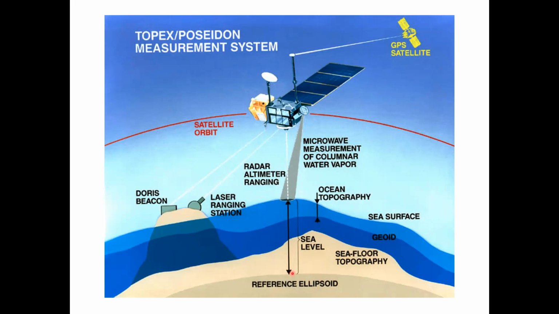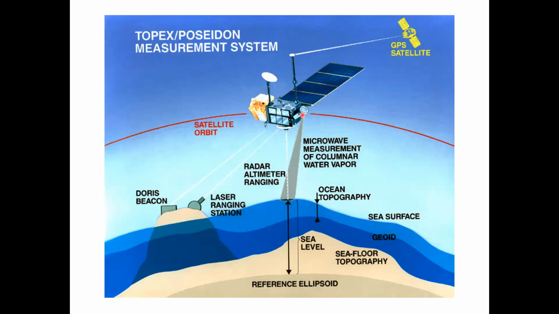Again, those of you who took space environment know what the reference ellipsoid is. But let us say the geocenter. Then we need to measure, of course, this distance between the sea surface and the spacecraft.